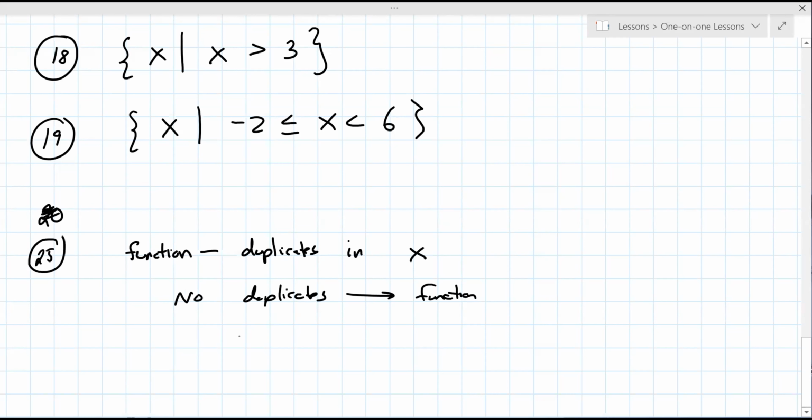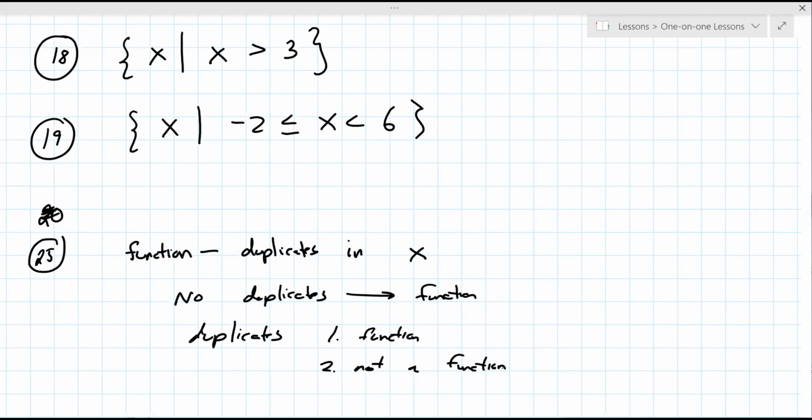If there are duplicates, there are two possibilities: one is that it is a function, and the other is that it is not a function. So that's how you decide whether it's a function when you have no duplicates, which is the case in 25.